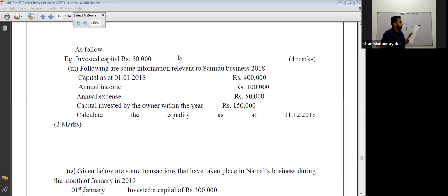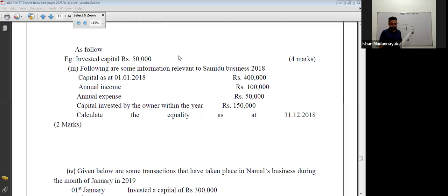Following is some information relevant to Samid business, 2018. Capital asset on 1st January 2018 is 400,000. Annual income 100,000. Annual expenses 50,000. Capital invested by the owner within the year 150,000. Calculate the equity as at 31st December 2018.